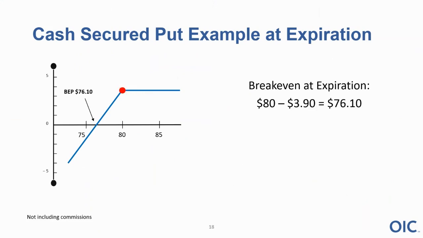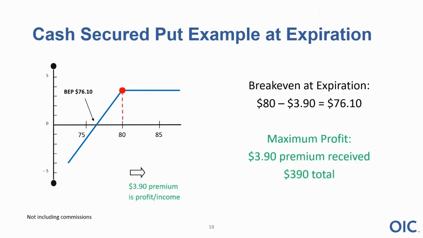This maximum reward is going to assume that the option contract expired worthless and that there was no assignment on the position. Now, one of the things that may be a bit misleading on this graph, as I mentioned, is that anything under your break-even point, you're going to lose money. And that may not necessarily be so, simply because now you are long stock for $76.10.